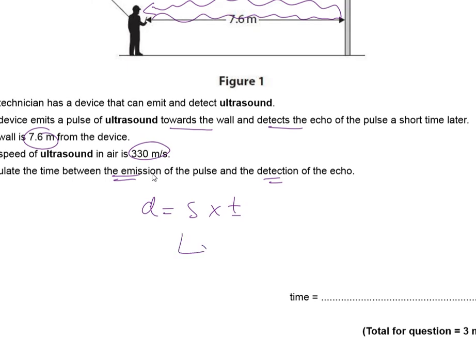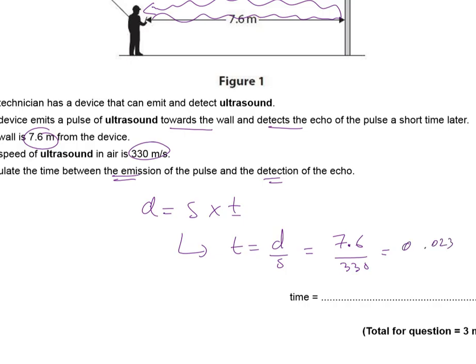So we have distance over speed. So distance is 7.5 over 30. We have 0.25.